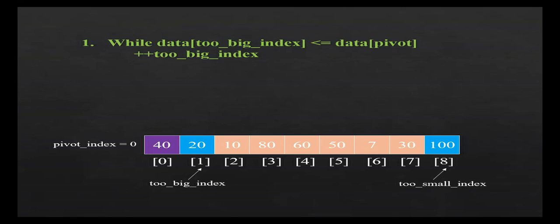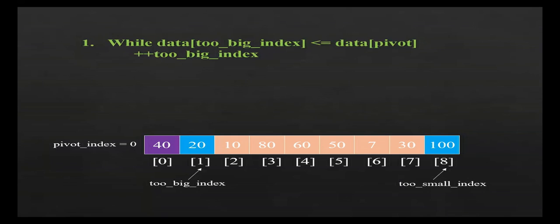Then we'll start from right to left. In the case of right to left, we'll check whether the element we are searching is smaller than the pivot. Whenever we see an element smaller than the pivot, we'll stop. Then we'll perform our swapping. And before swapping, we'll check whether the left index is smaller than the right index, right?